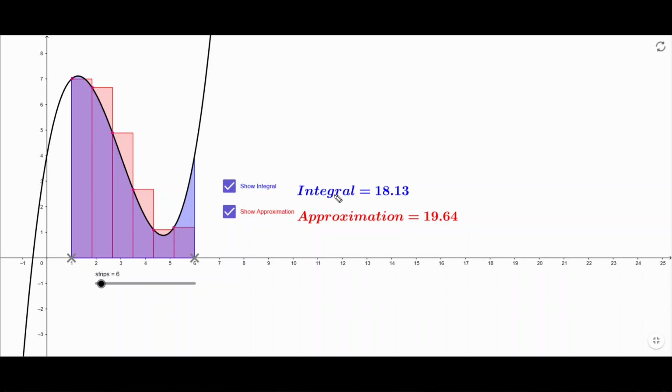The exact area is given by the integration, and the approximate area is given by the left hand point method. As you can see, the approximate area is a little bit more than the integration. The reason is that these unwanted portions are added in the approximate area.